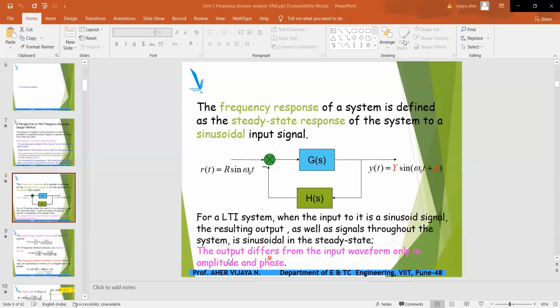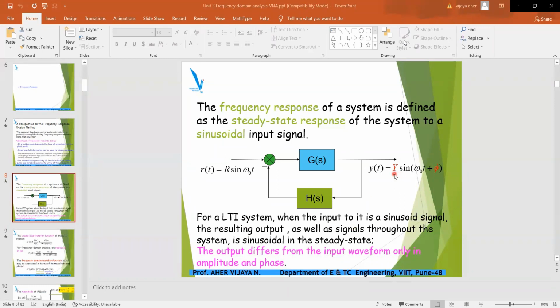The output differs from the input waveform only in amplitude and phase, but the nature of the output waveform is sinusoidal.